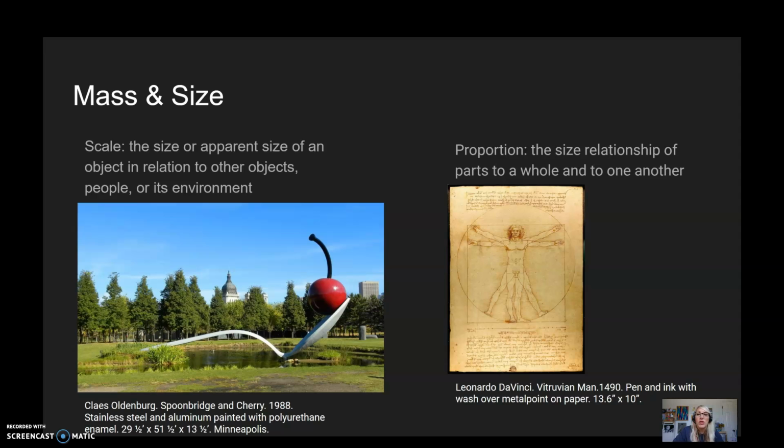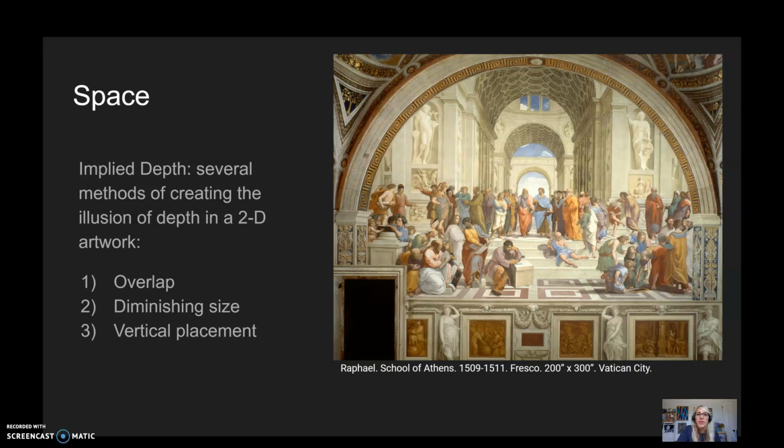But with proportion, you're really looking at the relationship of parts to a whole and to one another. So think about when you're drawing either the human figure or even a human face. You have certain proportions, so you know where to place the nose, the mouth, the ears in a drawing of a human face, because most faces have a similar proportion.